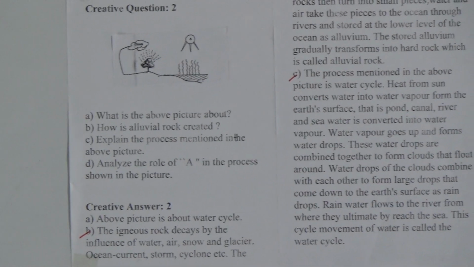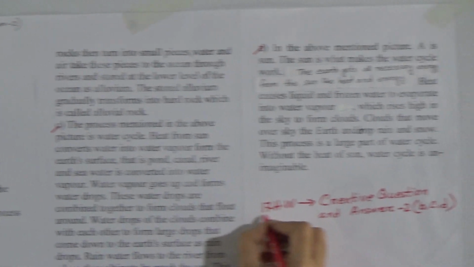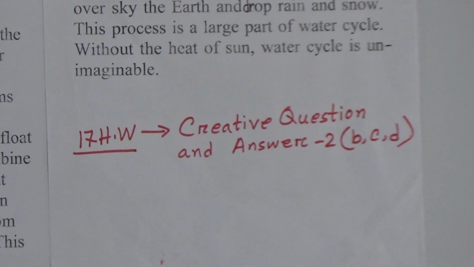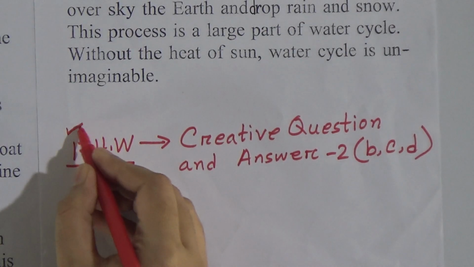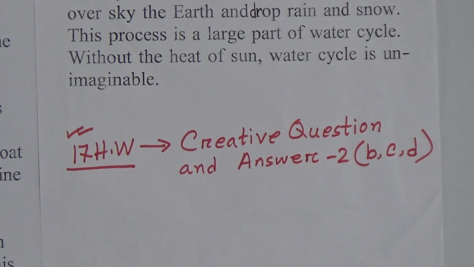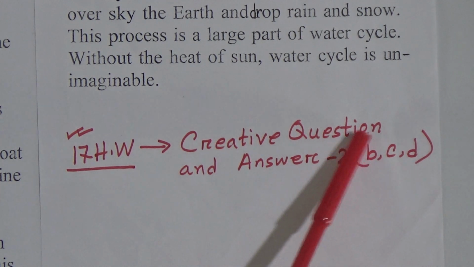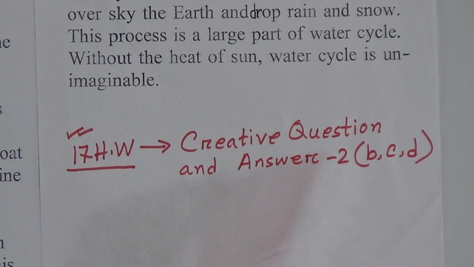I am repeating your SW. This is 17 number SW, and remember that when you do your SW, please write down the SW number and submission date on top of your SW copy. And your SW is creative question and answer 2 number, sub numbers B, C and D, based on chapter 11.